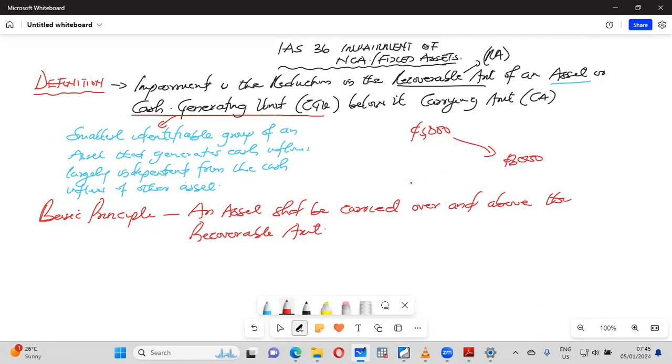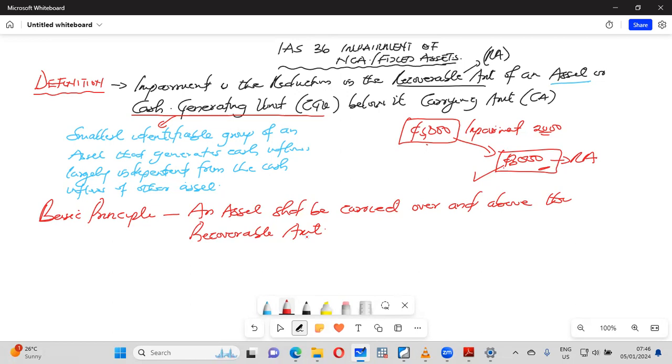You cannot record the value of the asset in your books over and above its recoverable amount. So you have to record 3,000, but the thing is actually 5,000. That tells you that there is an impairment of what? You have to impair the asset by 2,000 Ghana cedis so that you have it at the recoverable amount.